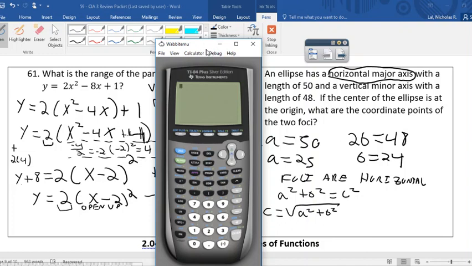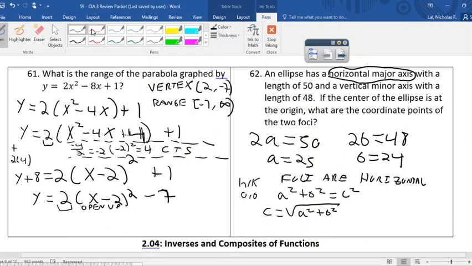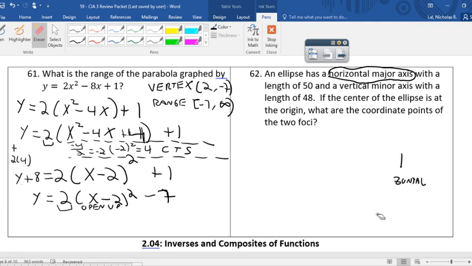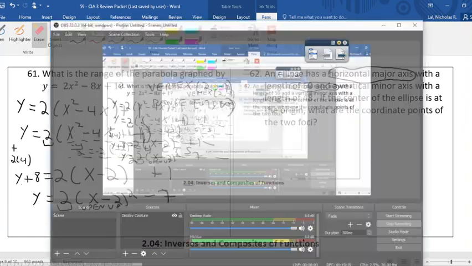A is 25. B is 24. All right. My fault. I think I'm out of time, so I'm going to do this in the next one. Yeah, so turn this in the second tray.